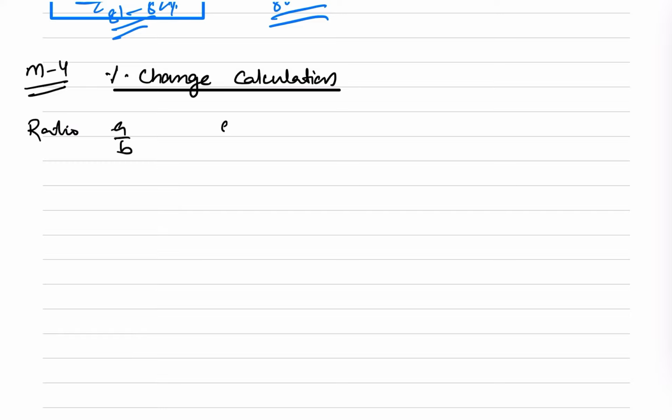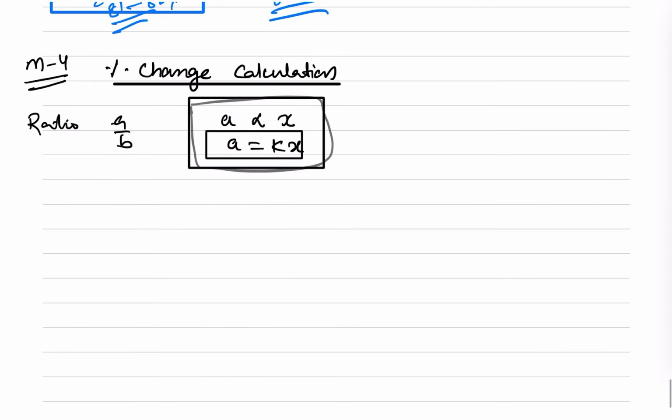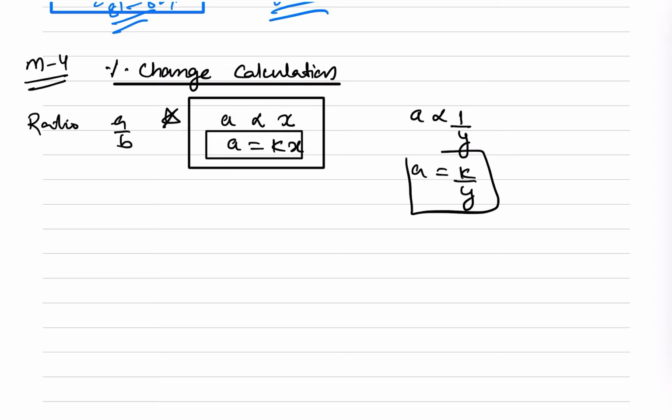If I say A is directly proportional to some X, it means that A equals Kx, where K is a positive number. You should remember this concept also. Very important concept. You will find some questions like this. But A is inversely proportional to Y, it means A equals K by Y. This is how we represent it.